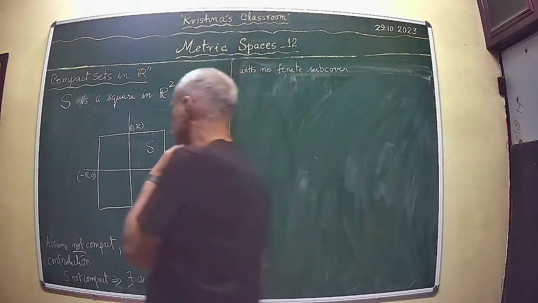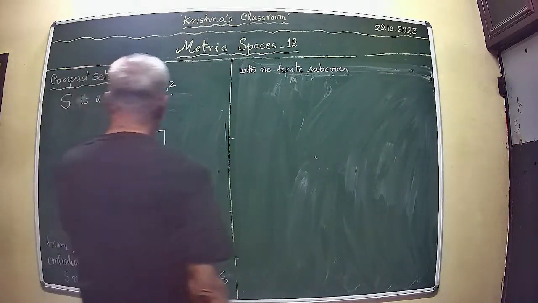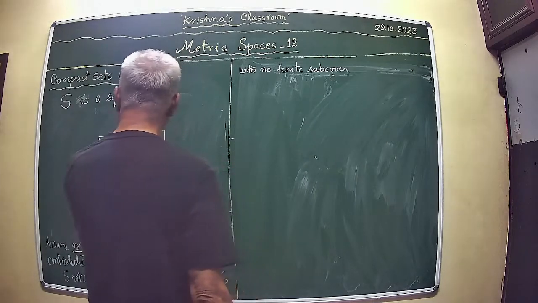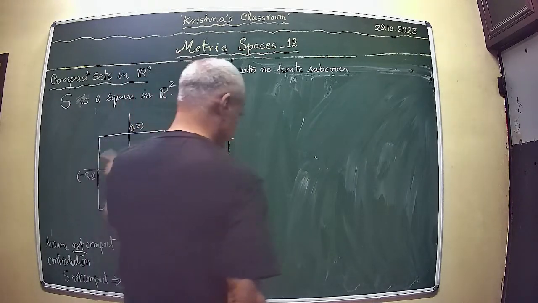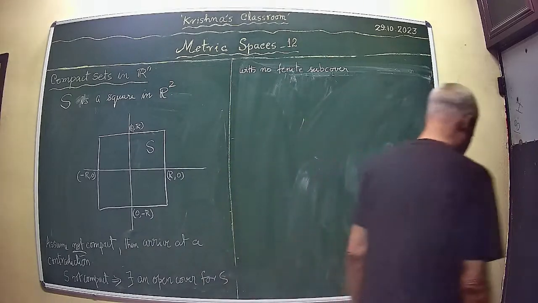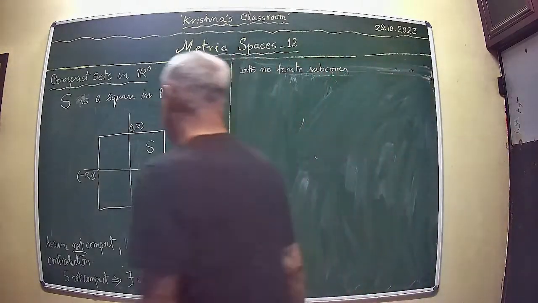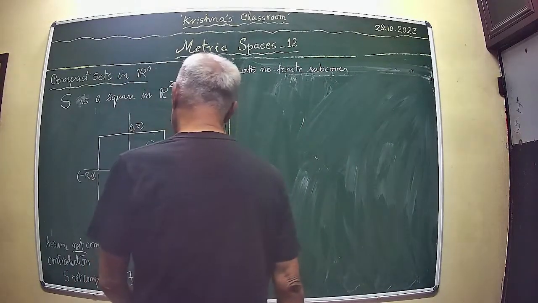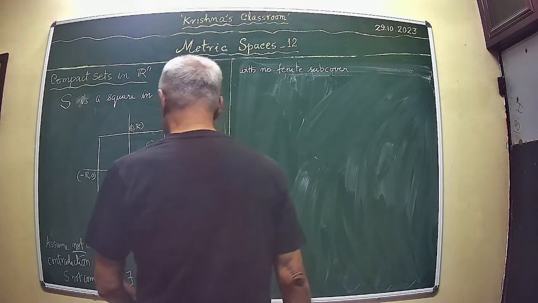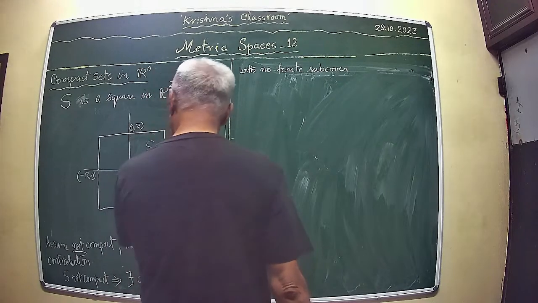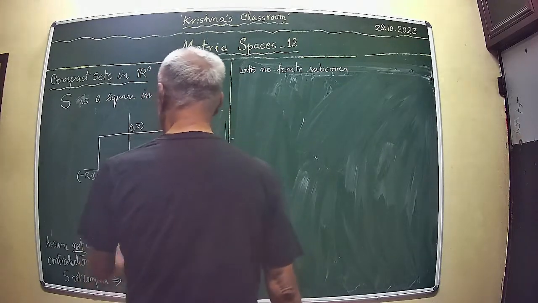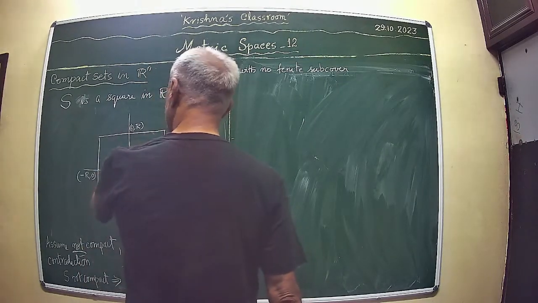Okay, no finite subcover. Then look at these 4 quadrants, 4 squares that you have which make up S. Now you see that this also produces an open cover for every one of these 4 squares.